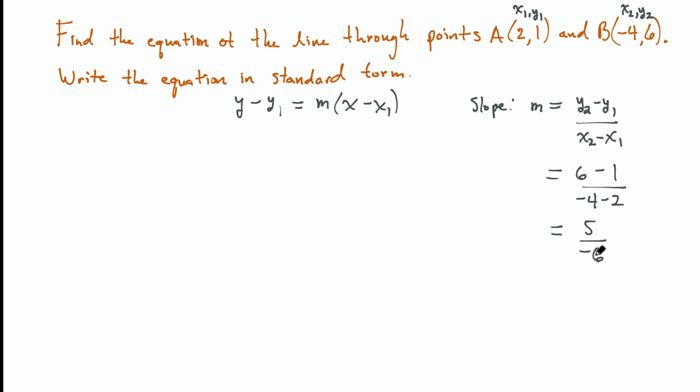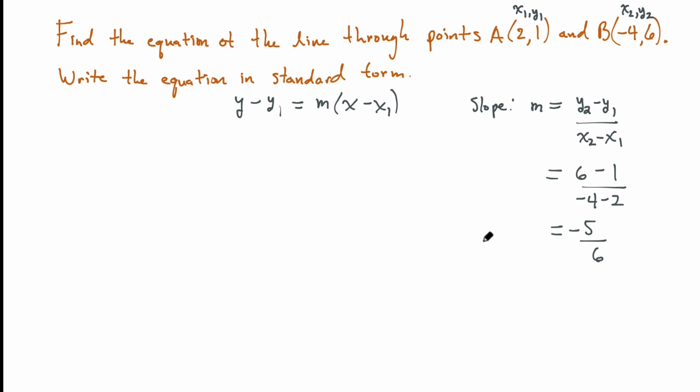Now we have a negative in the denominator, so we'll just assign that negative to the numerator. This is equivalent to -5 over 6. So our slope is -5 over 6. And of course, you could have just done this in one step. If you wanted to skip this step and just write -5 over 6, I would actually encourage you to do so.